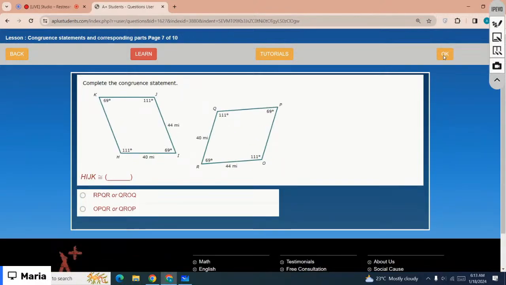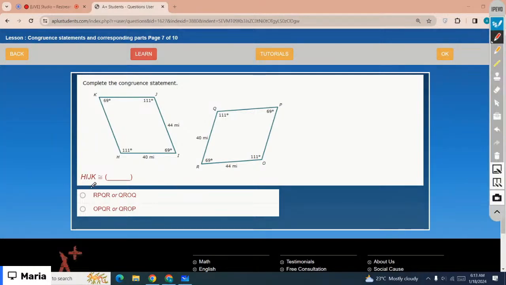Complete the congruence statement. Okay. HIJK is congruent to ORQP.